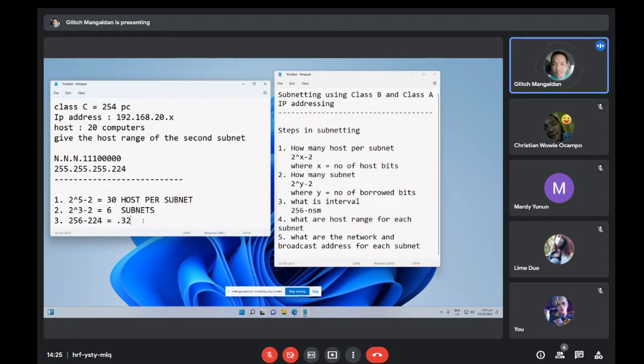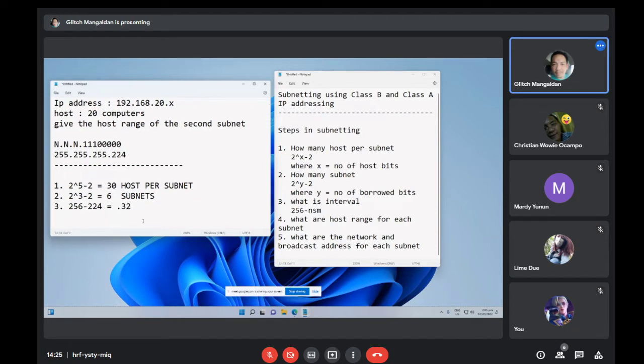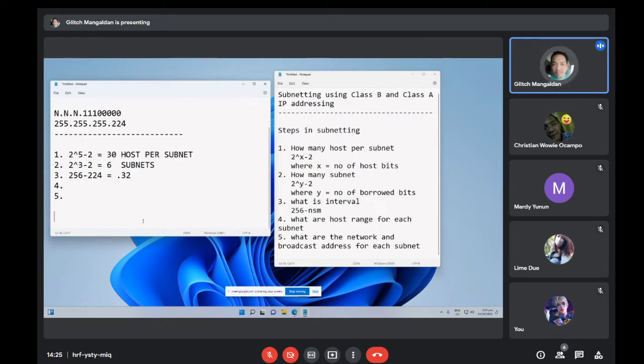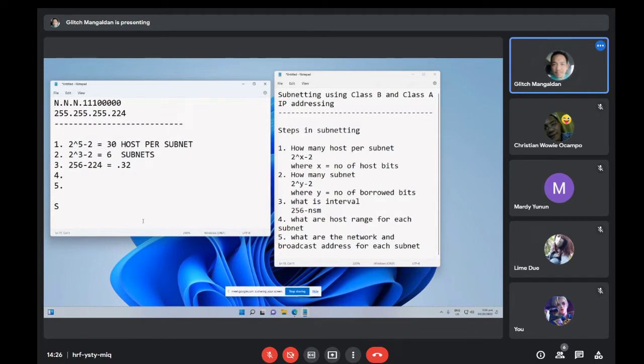Okay. So next, number 4 and 5. Yung 4 and 5, masasagot natin yan using a table. Di ba sinabi ko sa inyo last time, you're going to create a table. So first is the subnet. We have the network address, NA.